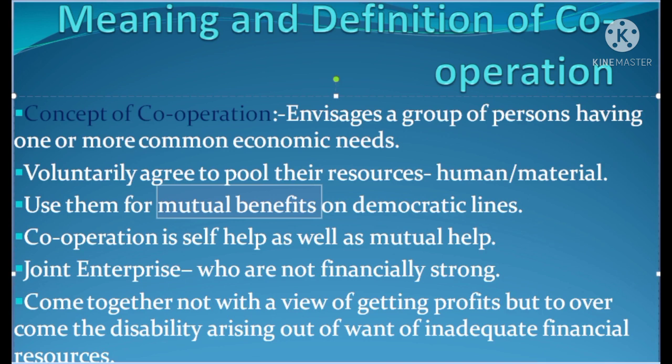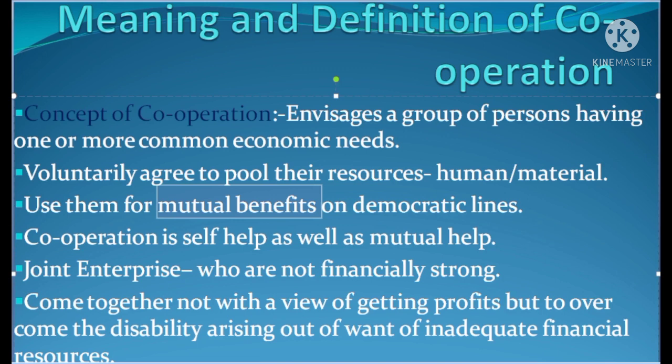These groups of persons voluntarily agree to pool their resources, human as well as material. They use these resources for mutual benefit on democratic lines. Now we have to understand how these people in a cooperation get mutually benefited and how this cooperation is based upon democratic lines.